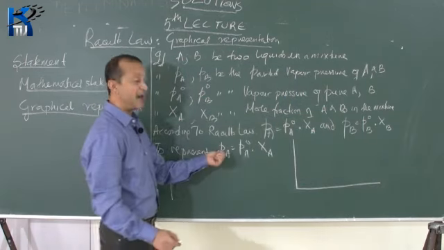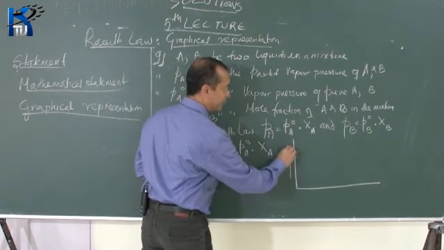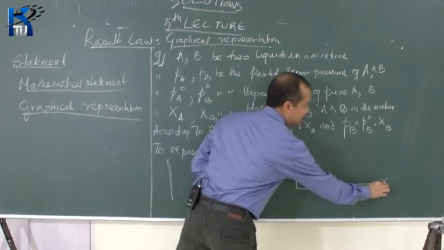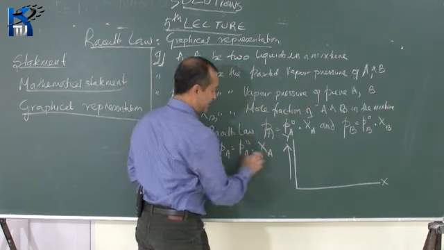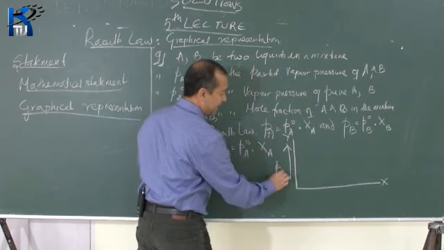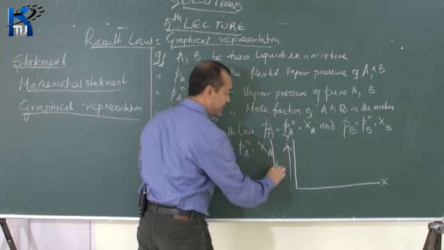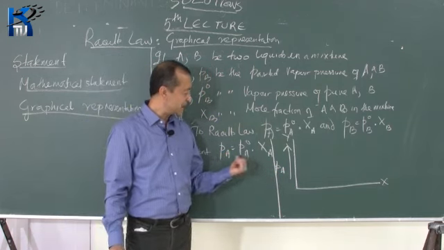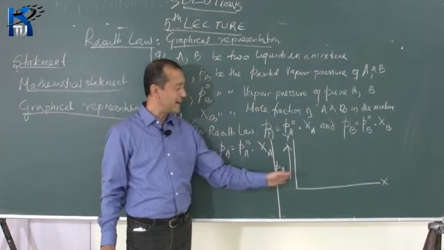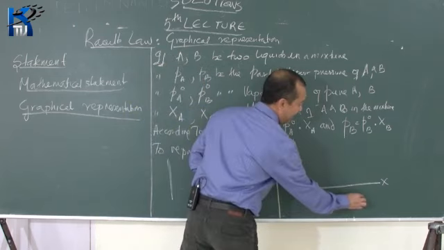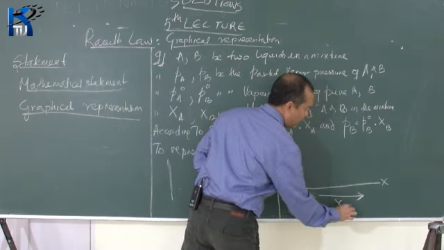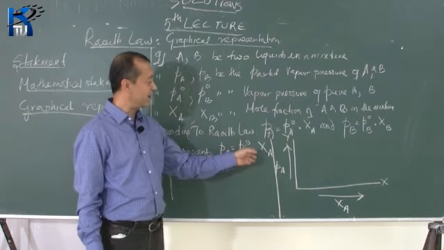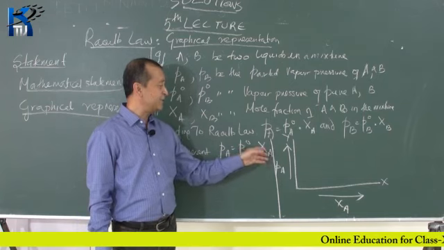PA, this is your y axis and this will be your x axis. Let me partition so that there is no confusion. The partial pressure of A I am plotting on the y axis, and XA I am plotting on the x axis. So you can see PA is equal to PA naught into XA.